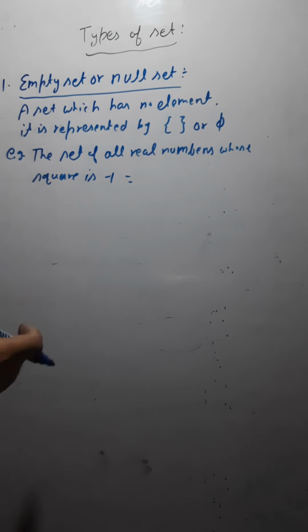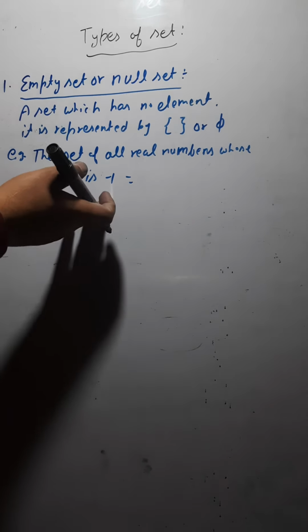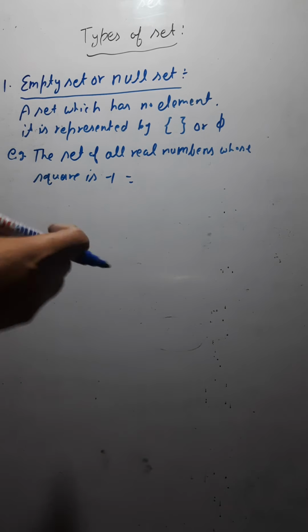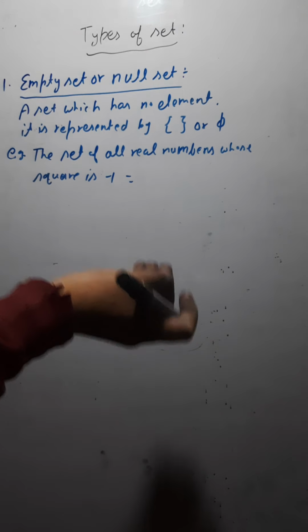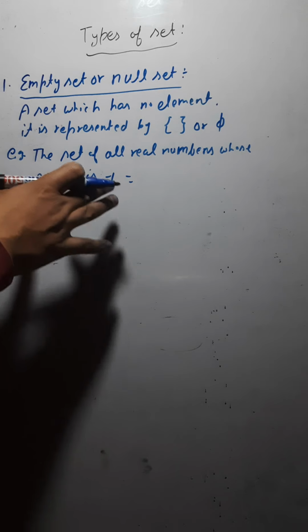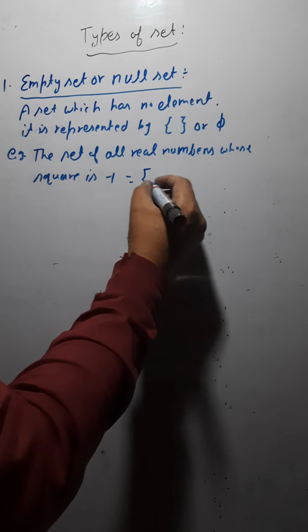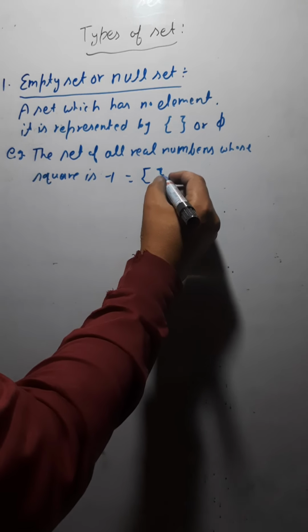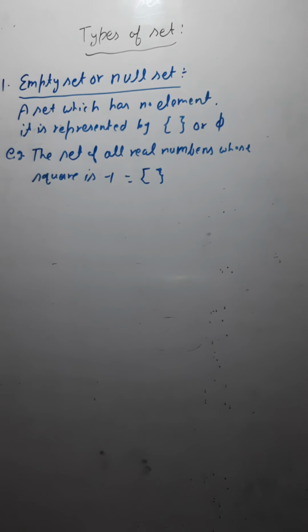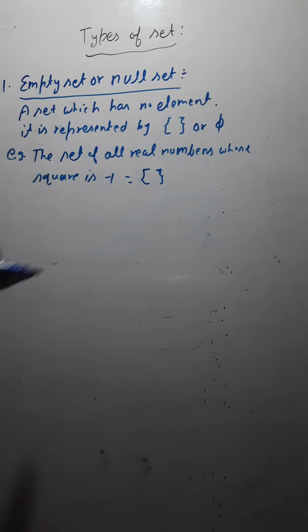Is there any real number whose square is -1? Can it be possible? Square of any real number, whatever the number you are taking, can its square be -1? No, never. Square cannot be -1. So this one set would be the empty set. You would not have any such element whose square is -1.